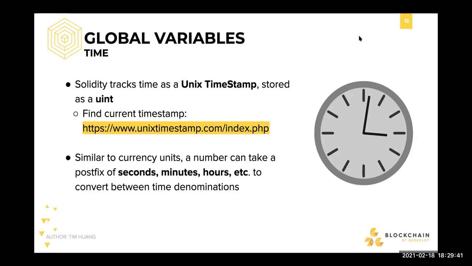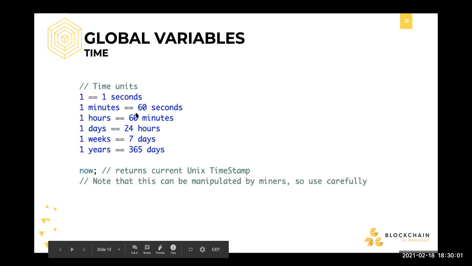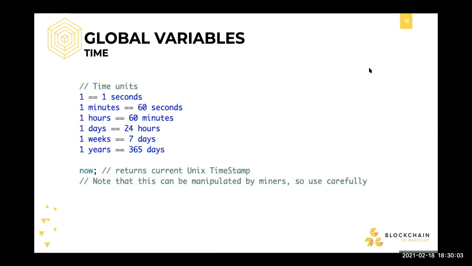There's a few ways of finding the timestamp, but they all have pros and cons. Similar to currency units, a number can have a postfix of seconds, minutes, hours. Yeah, we all know that. And here's a review if you want to know the units of time.